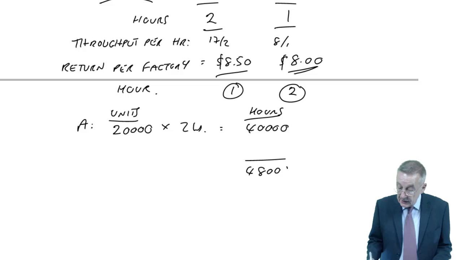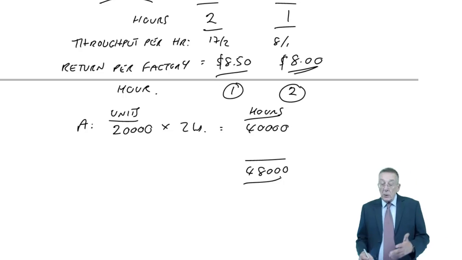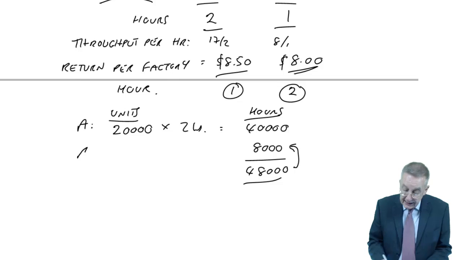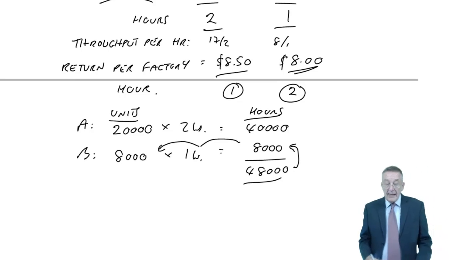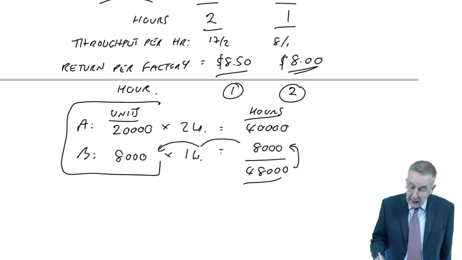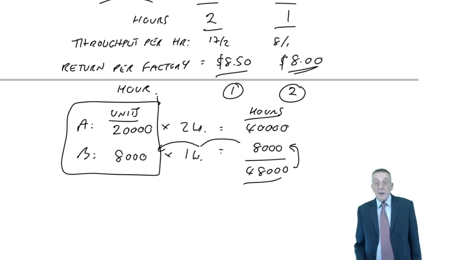With 48,000 hours in total, the remaining 8,000 hours we'll use to make B. And since B is 1 hour a unit, it means we'll make 8,000 Bs. So on this approach, there is our optimal production plan, if that's all they wanted.